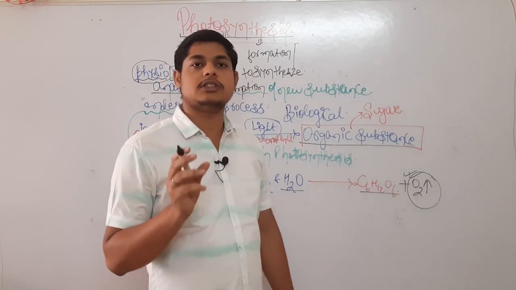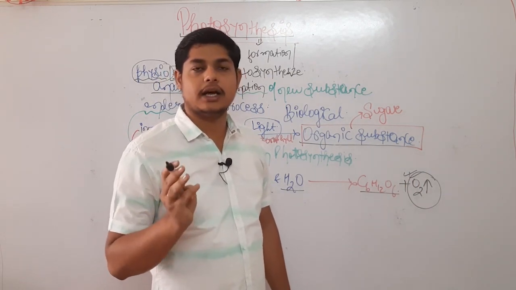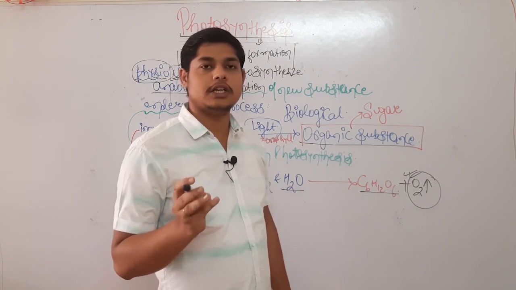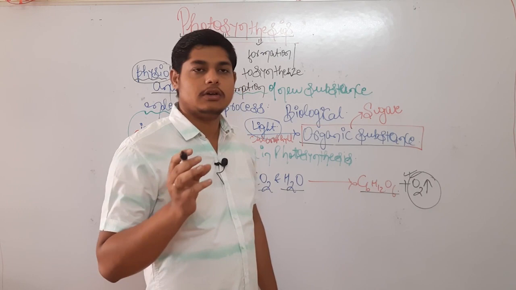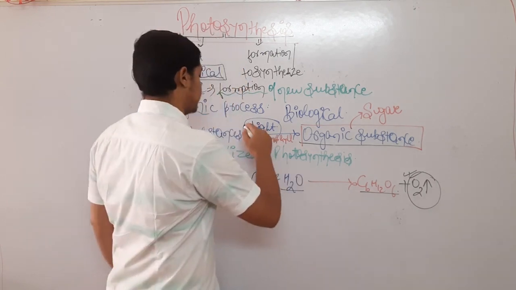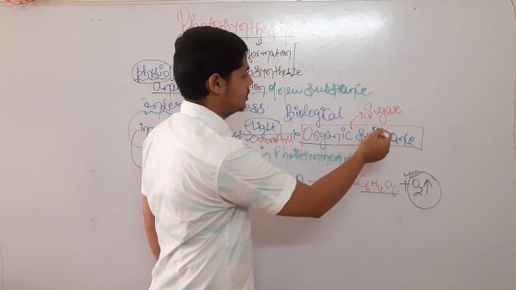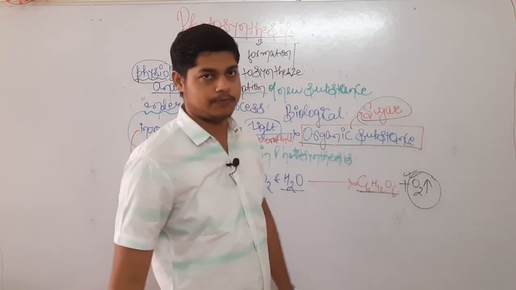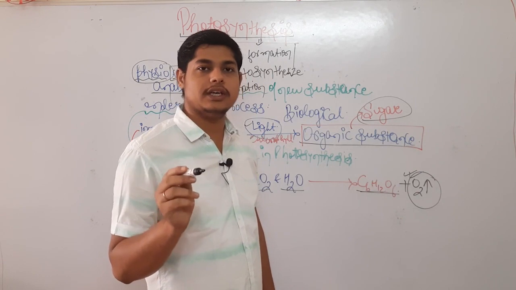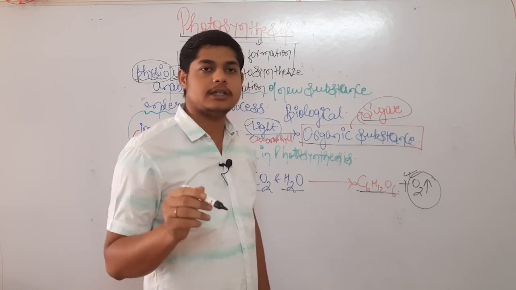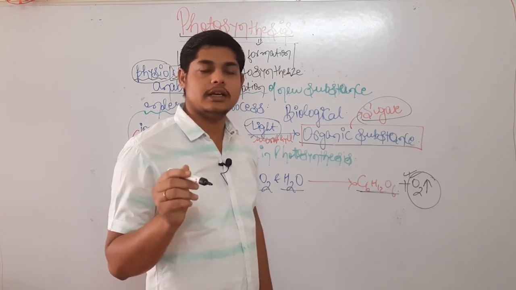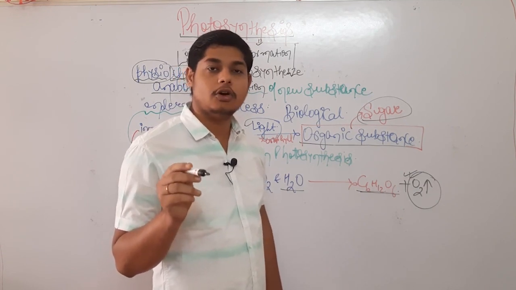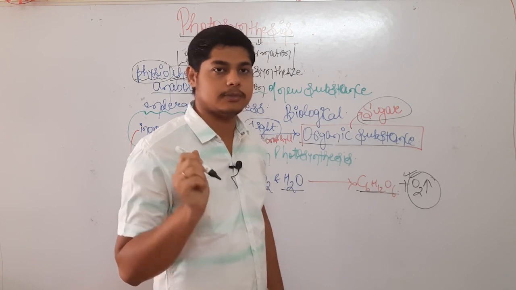So photosynthesis is a physiochemical, anabolic, endergonic process in which raw materials, which are inorganic in nature, react together in the presence of light and chlorophyll to form an organic substance, which is basically sugar, basically glucose. And oxygen molecule is evolved as a byproduct. Hence it can also be called oxygenic photosynthesis.